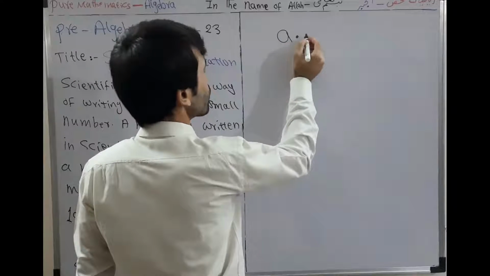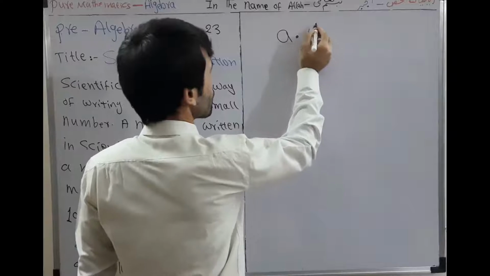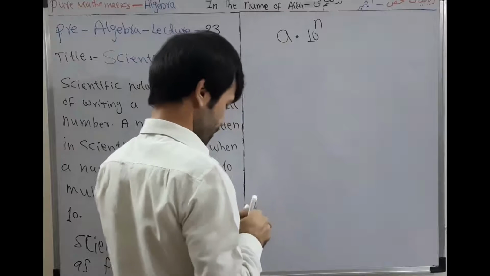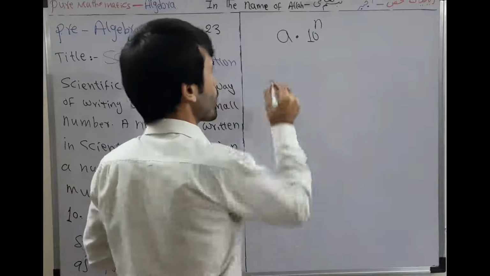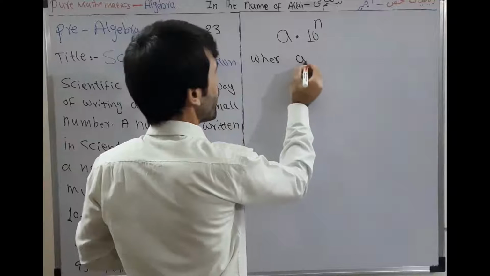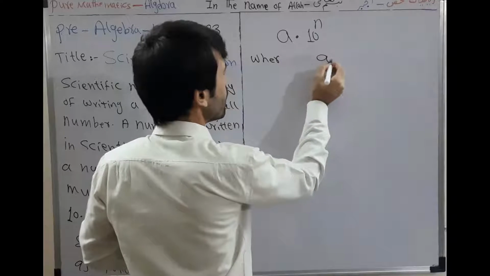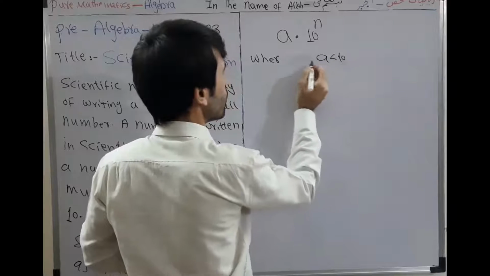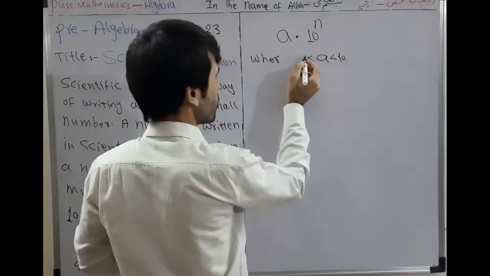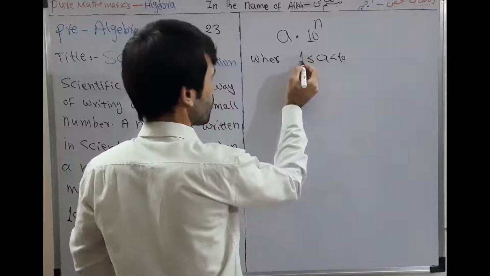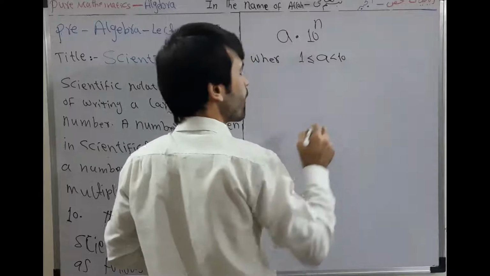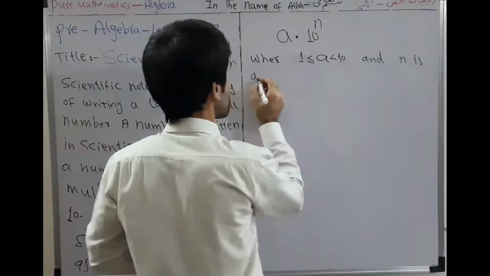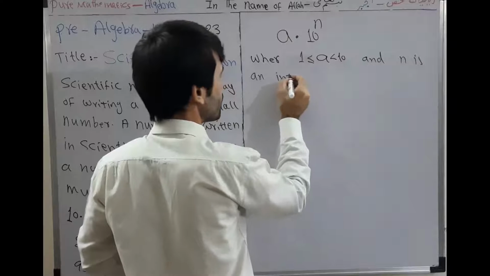A multiplied by 10 to the power n, where a is less than 10 and greater than or equal to 1, and n is an integer.